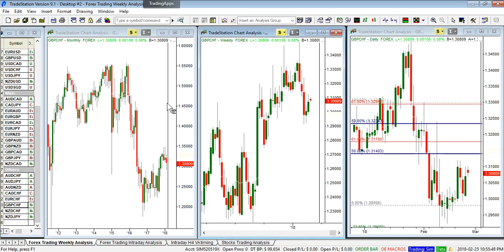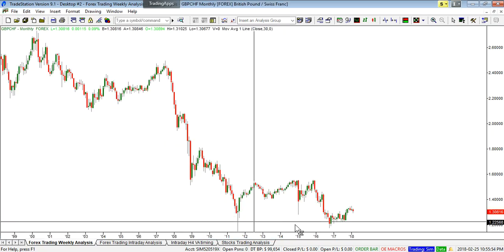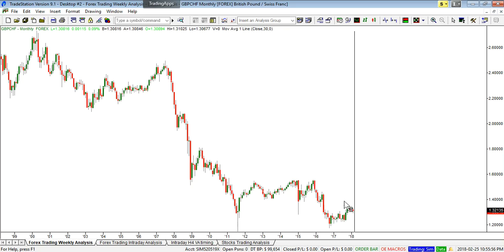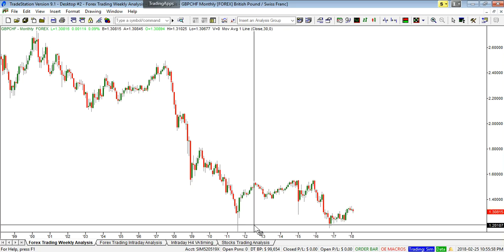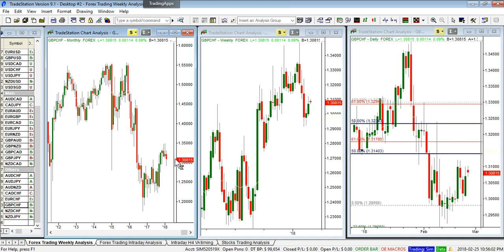Pound versus Swiss franc. This market, when we look at the monthly here, has been pushed lower, and on strength of the Swiss franc on this market.